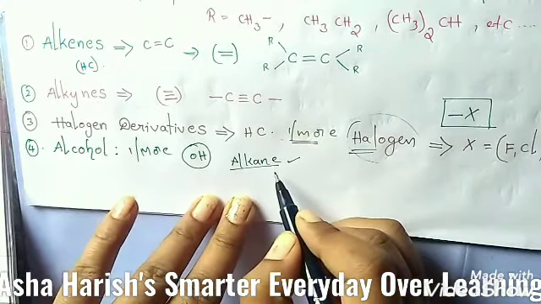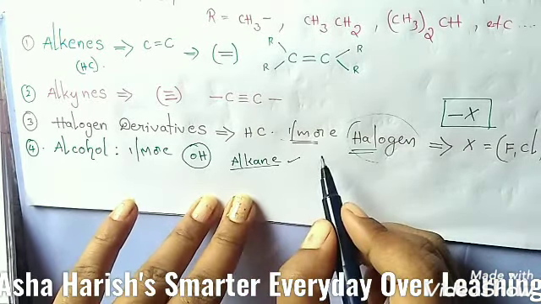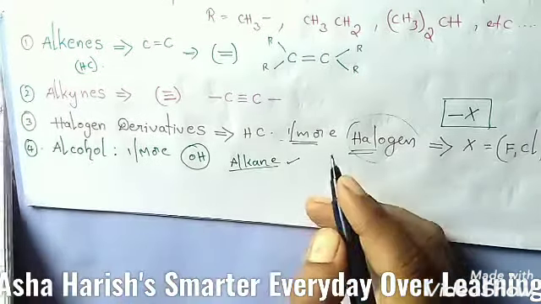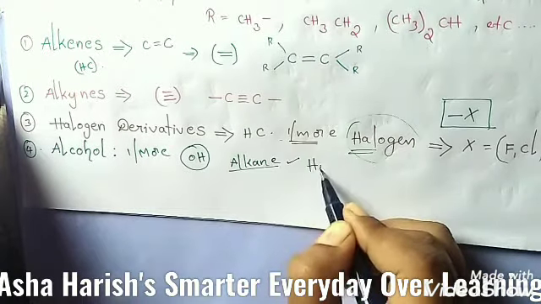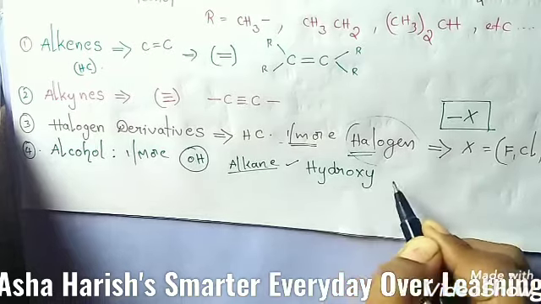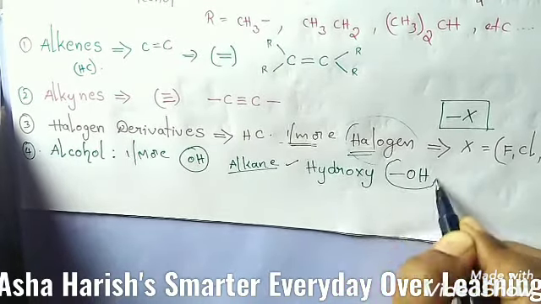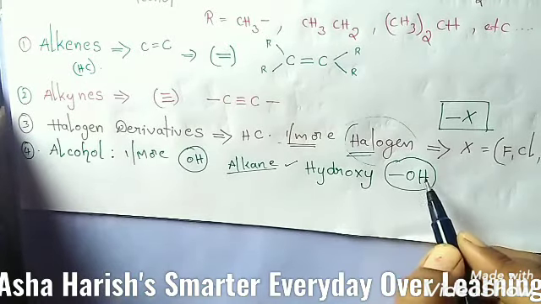It's important in organic chemistry, as they can be converted to and from many other types of compounds. The functional group we call hydroxy, and the representation is OH. OH is the structure of the functional group, right?